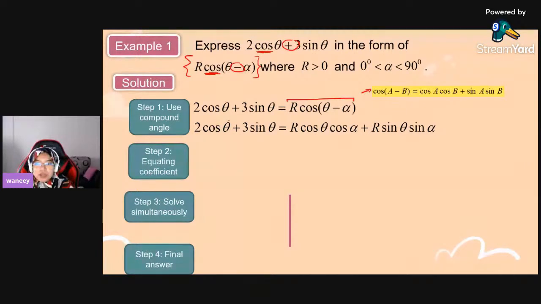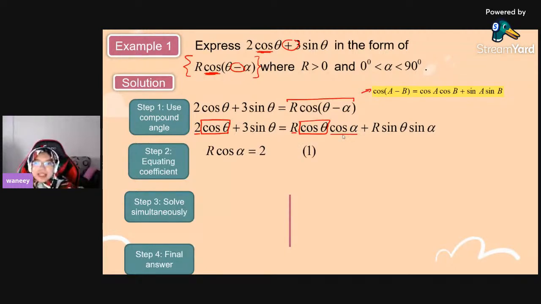We have a cos theta over here. Okay, so compare with cos theta over here. Okay, so what do you see? This is 2. This is r cos alpha. Therefore, r cos alpha is equal to 2. So simply equate the coefficient.